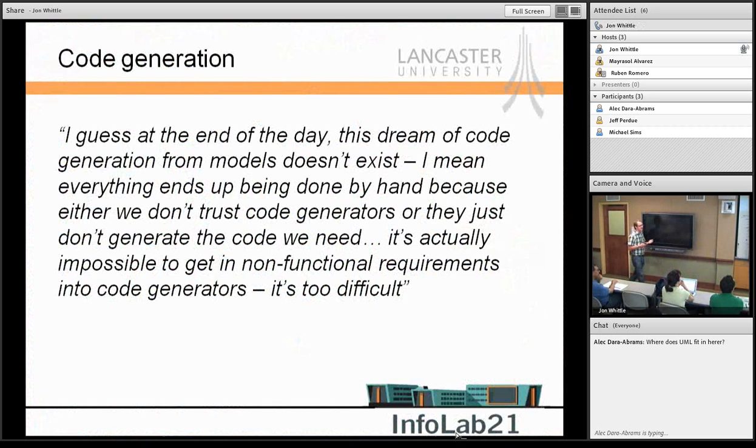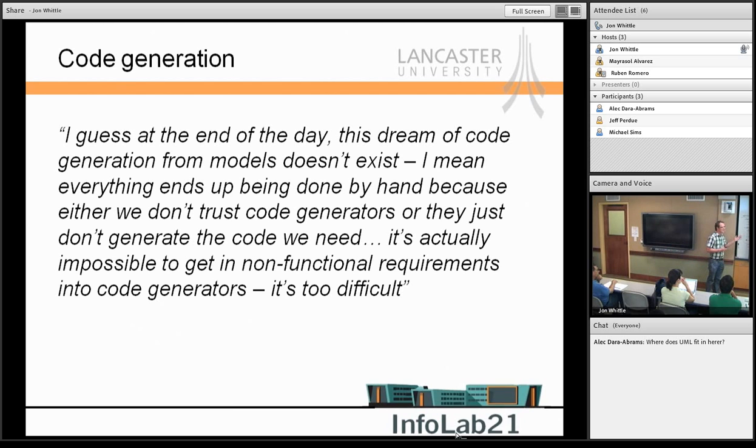I'll give you an example of this. This is a company working in embedded systems, and they are very successful with model-driven development, and they use code generators, but they don't use code generators for deployed code. What they do is use code generators to prototype their functional requirements, doing some kind of rapid prototyping to get the functional requirements right.